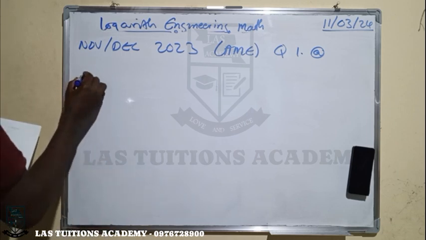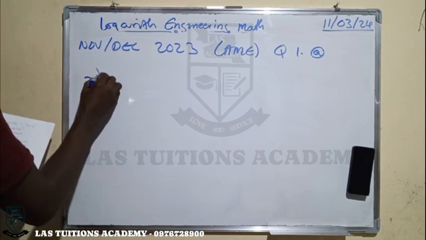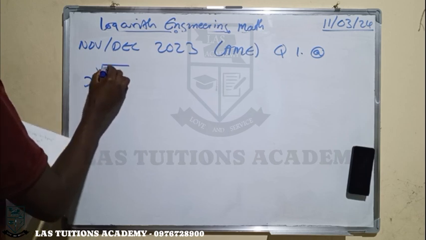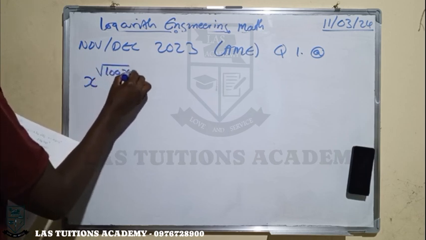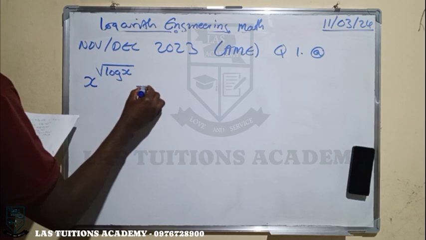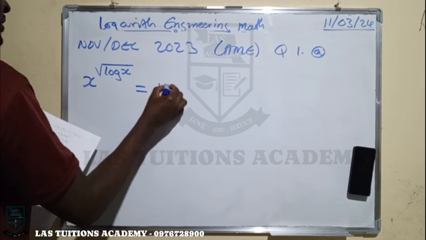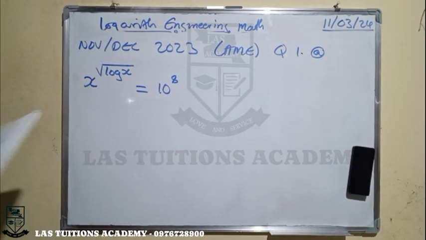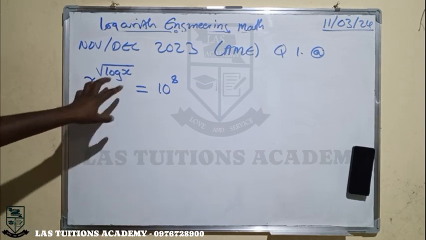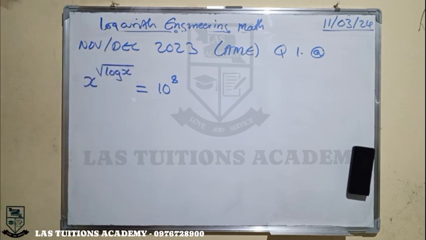So we have x to the power square root of log x, which is equal to 10 to the power 8. Okay, so we have that problem. It's from AME 2023, November, December. So we have to write this as a single logarithm. So log something is equal to something. That's how we should write the answer.